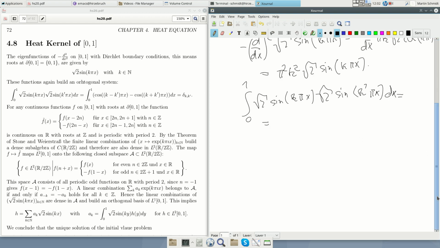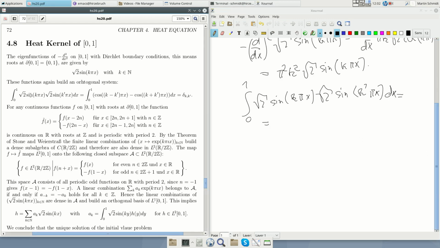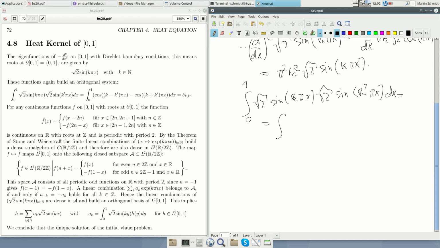Now we use the addition formula. By the addition formula, this is just the integral from 0 to 1 of cosine of (k minus k prime) pi x minus cosine of (k plus k prime) pi x dx.